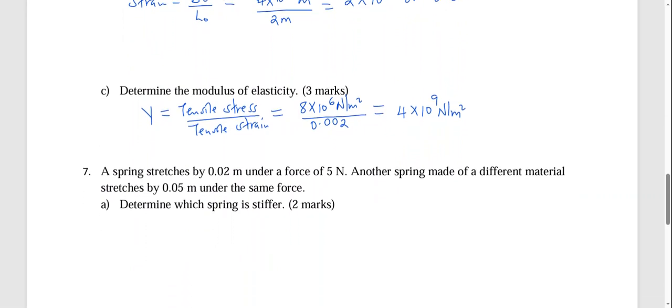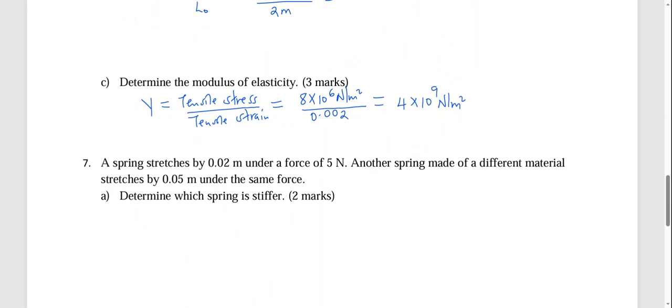For question number 7, the question says a spring stretches by 0.02 meter under a force of 5 Newton. Another spring made of different material stretches by 0.05 meter under the same force. Determine which spring is stiffer.